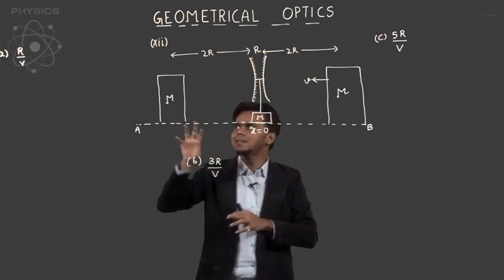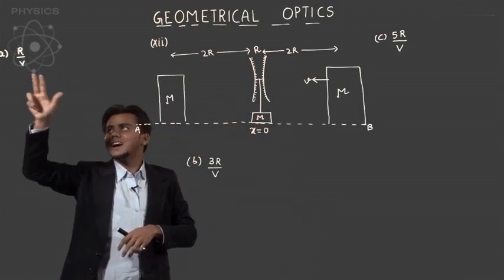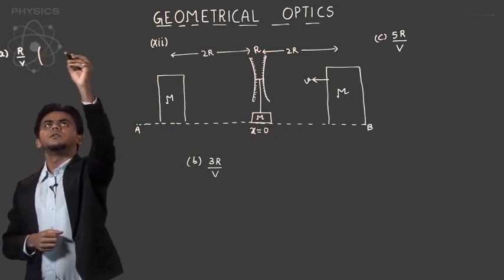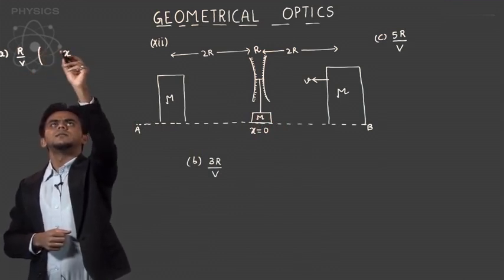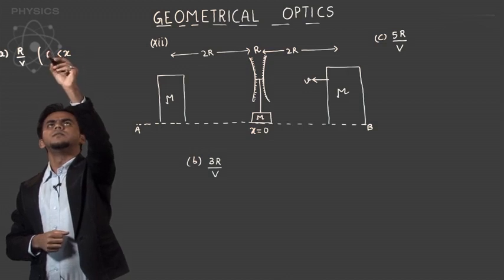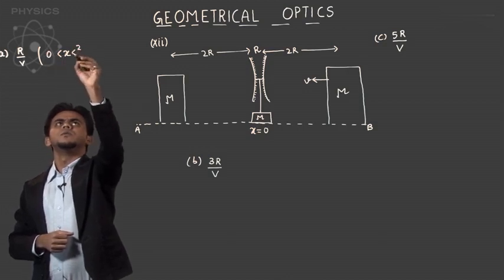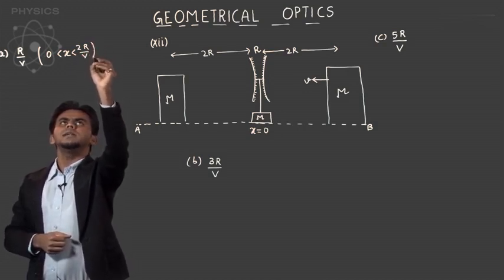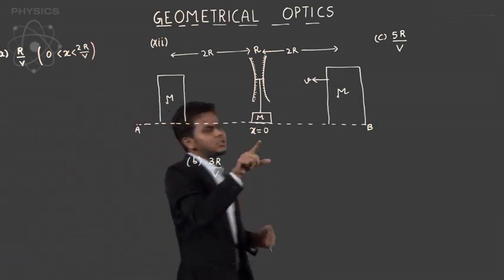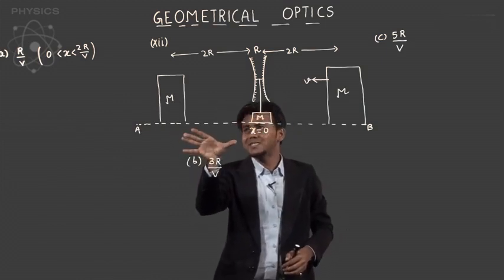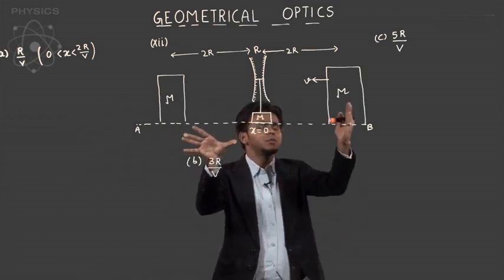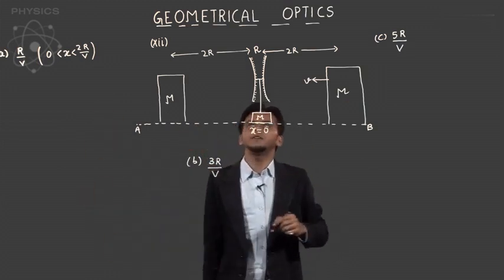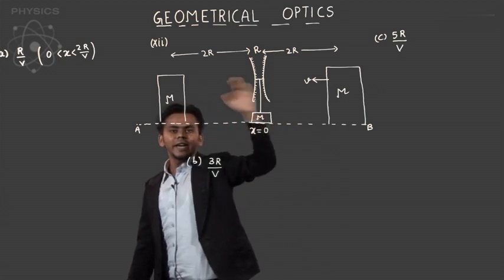Now, where does this r by v fall? It is in the category of x between 0 to 2r by v, which means these two would be at rest and this would be moving towards the mirror. At r by v, I can make a smaller diagram for your better perception.